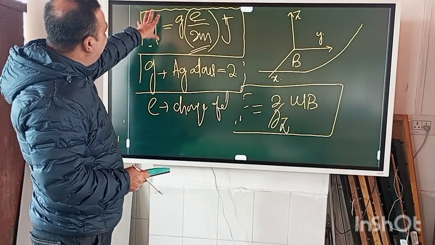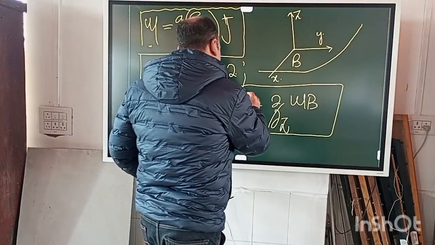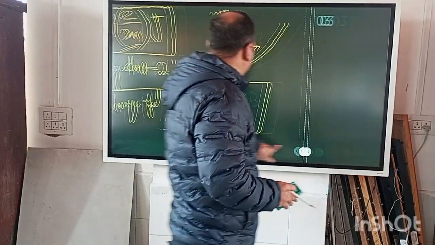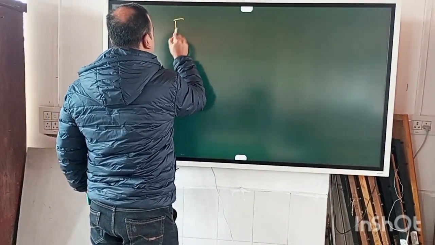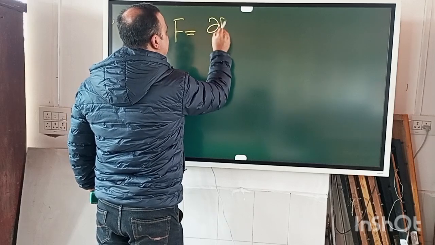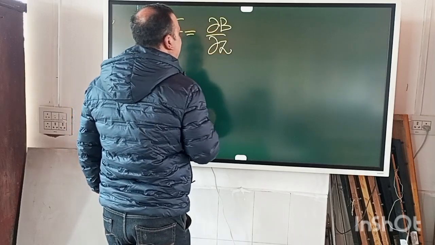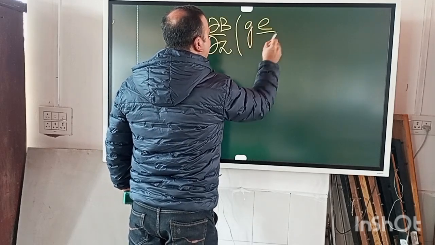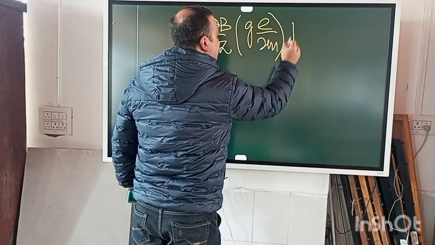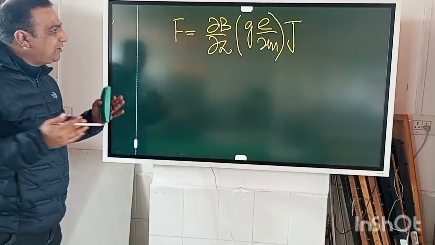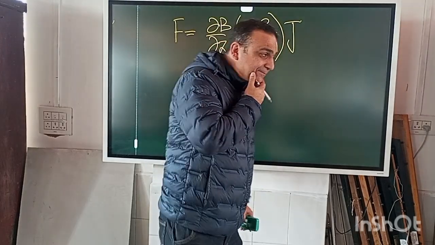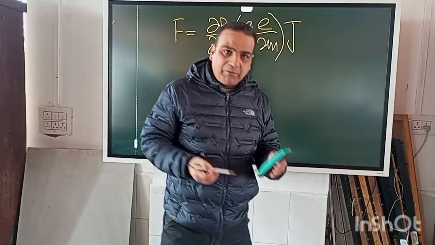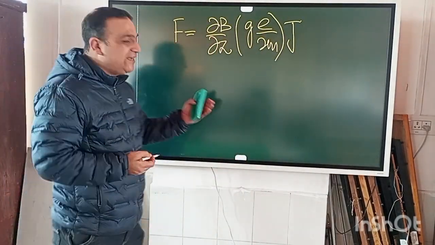So we can use this value of mu in the equation of force. We obtain F is dou B by dou z, and for mu we use G e by 2m times J. Now, J is the total angular momentum of the silver atom, and from the analysis of the hydrogen atom, we understand that J is quantized.